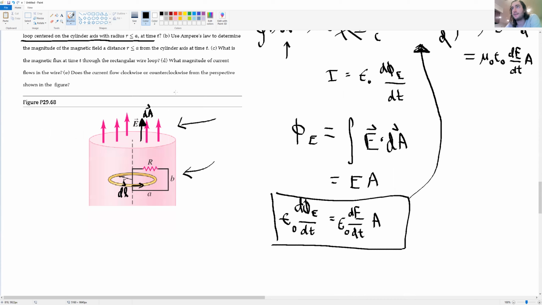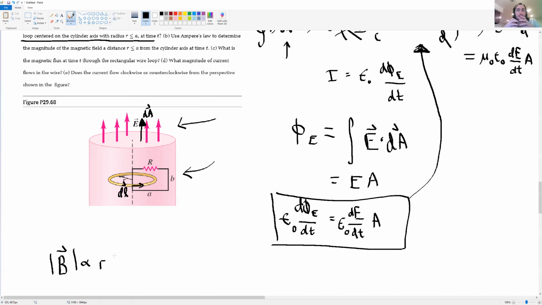So as a heuristic approach, we would expect B to be proportional to r, not 1 over r, because as we increase the radius of that loop, there's more time-changing electric flux inside that loop.